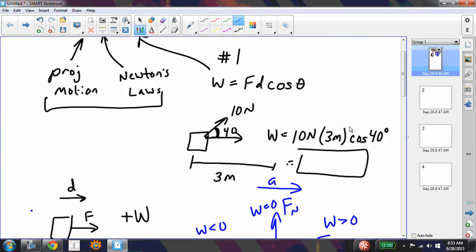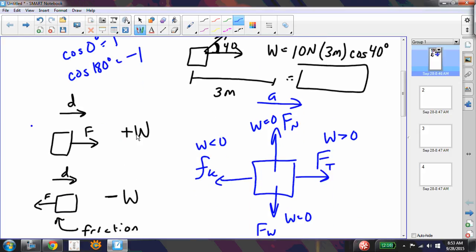And that comes about, by the way, from this cosine theta term. Cosine of 0 degrees equals 1. Cosine of 180 degrees equals -1. The -1 makes this negative, the positive one makes this positive.